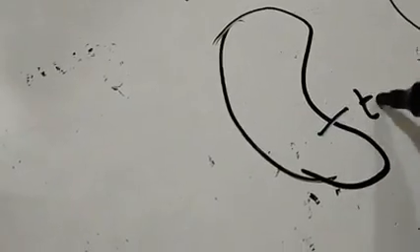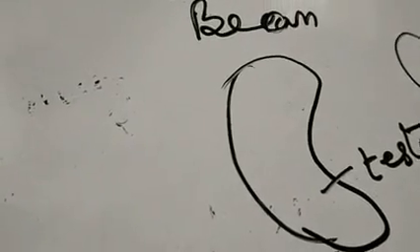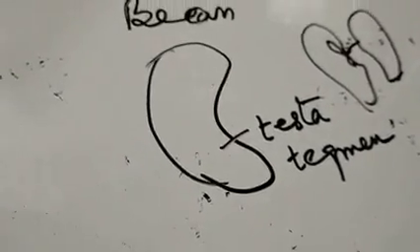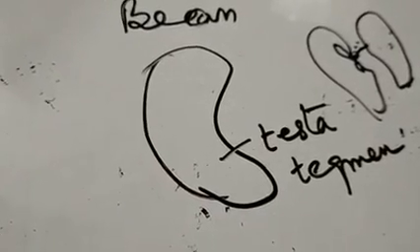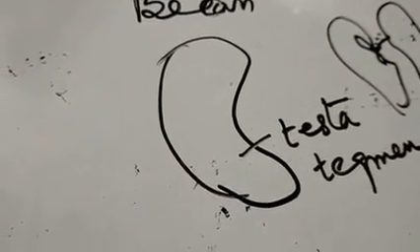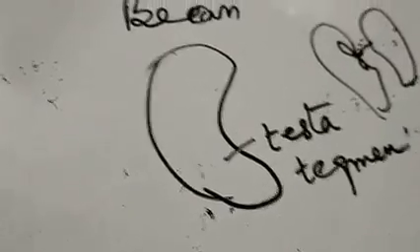Now the first part has the outer covering which gives its color and is called the testa. Sometimes it is fused with a thin membranous structure. When you boil these, you sometimes get this thin membranous structure coming out, which is called the tegmen. So it has two protective coatings. One is the testa, which is the seed coat, which gives color, and the other is the tegmen, the membranous layer.